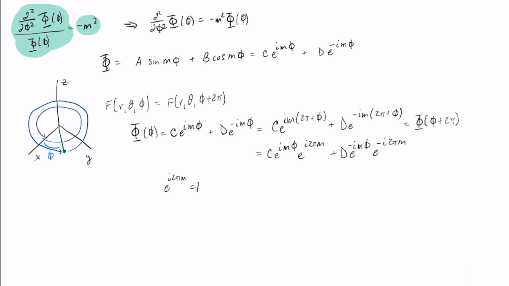And similarly, we're looking at the other term. The only way that this term can be equal to this term is if e to the minus i 2 pi m is equal to 1.